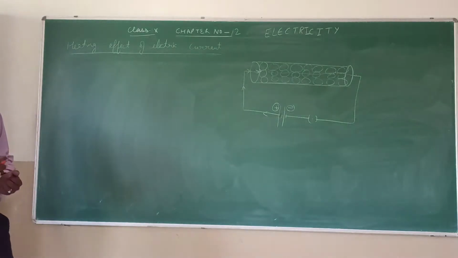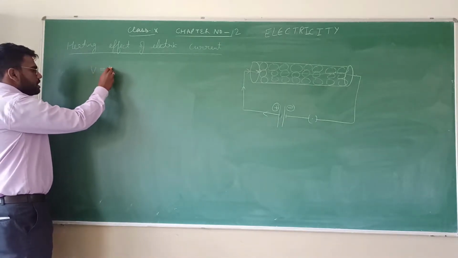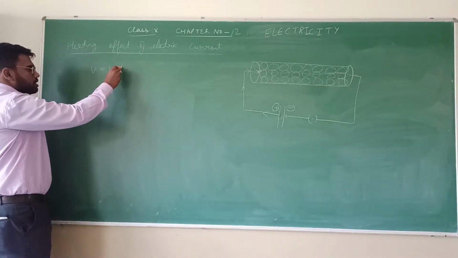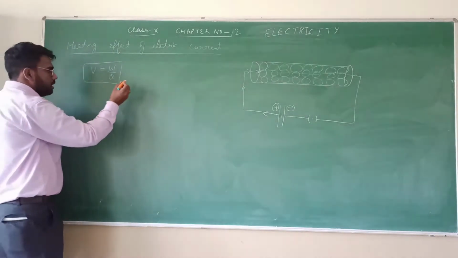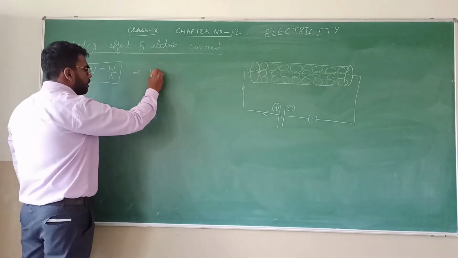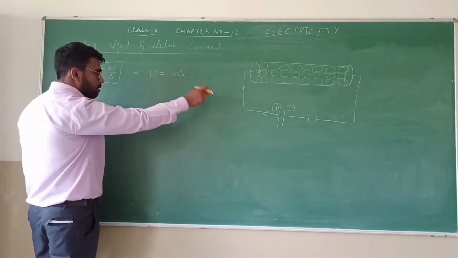If we want to make a formula for this, how will we derive it? We know that potential difference is work done upon charge. If I cross multiply, we get W is equal to VQ. This is the work done by the battery.